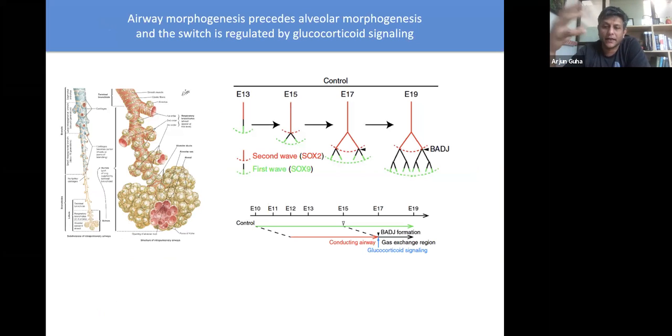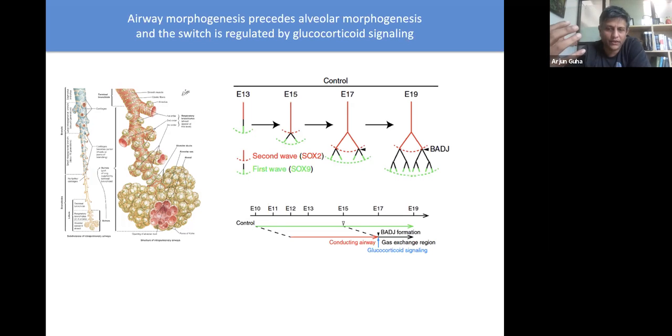As you know, the lung contains two components: the airways, which are for the passage of gases, and the alveoli, which are required for the exchange of gases. The development of the alveoli occurs after the establishment of the branched airway tree, and the way in which the growing structure switches from making airways to making alveoli involves a systemic pulse of a glucocorticoid.